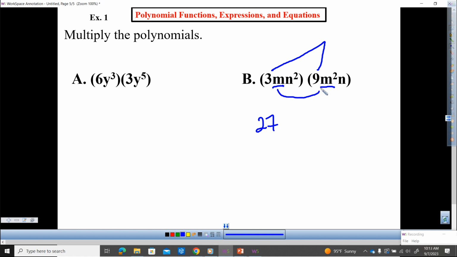So what is m to the first times m to the second? So the exponents, what do we do with the exponents? They combine, so this becomes m to the third power. Let me go to the next one. N to the second times n to the first. So I bring down the n. 2 plus 1, that is 3. Copy that one, and I want you to do part A.